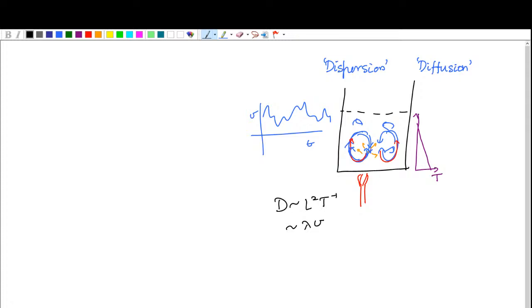The mean free path, as I told you in the lecture, goes as 1 by root 2 pi n d square, where d is the molecular diameter and n is the molecular number density. And this fluctuating velocity goes as the thermal velocity, the root mean square, square root of kBT by m.